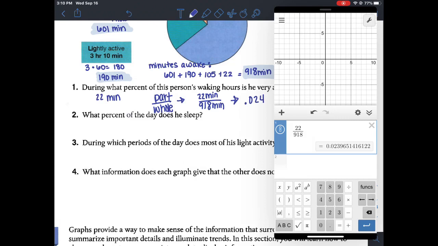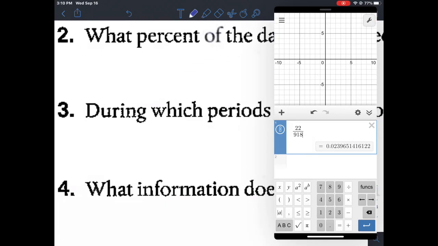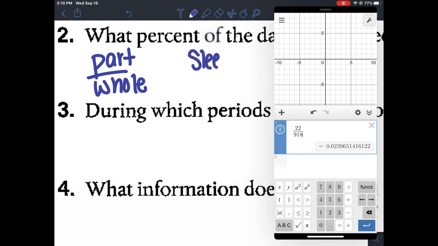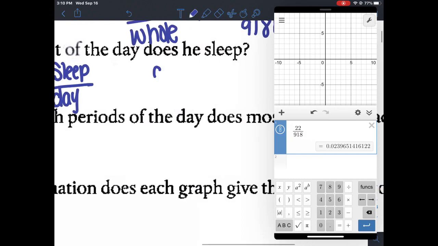Number 2, what percent of the day does he sleep? Okay, so percent, remember, part out of the whole. So part over whole. And that will be sleep out of the day. So he is awake for 918 minutes.